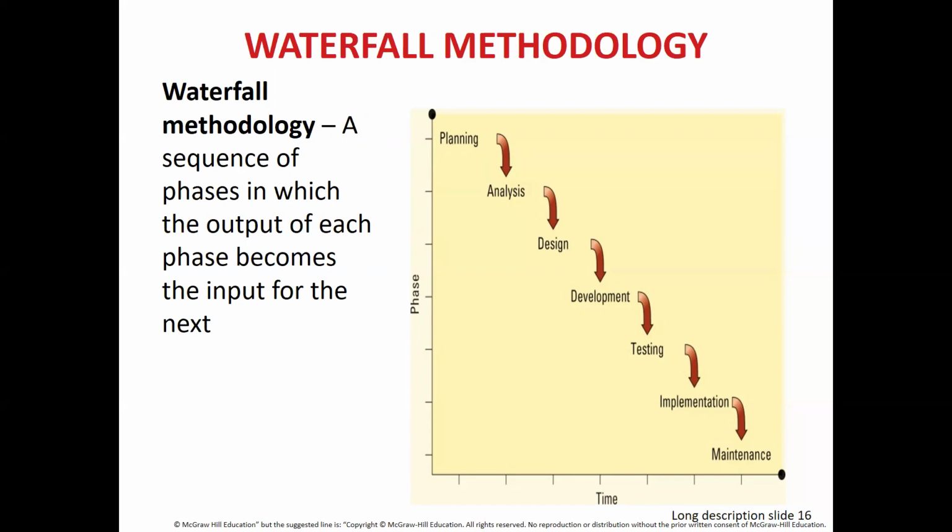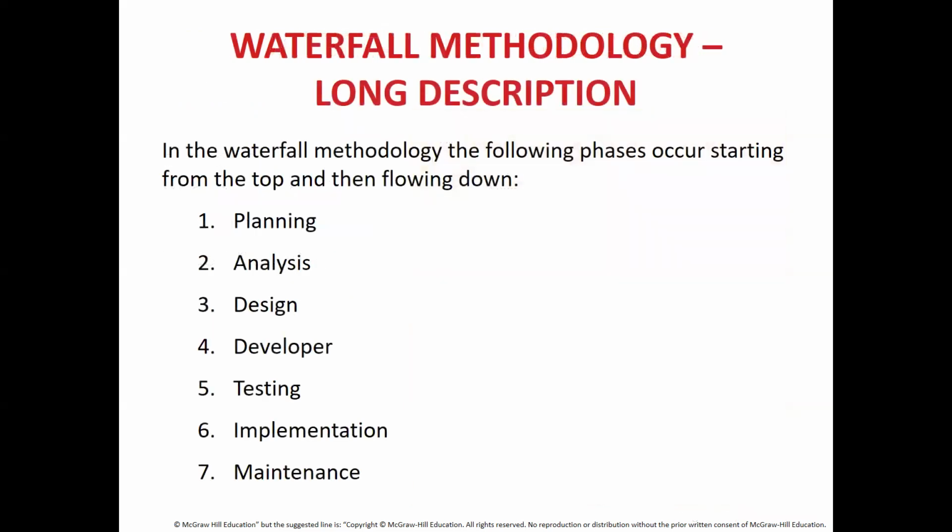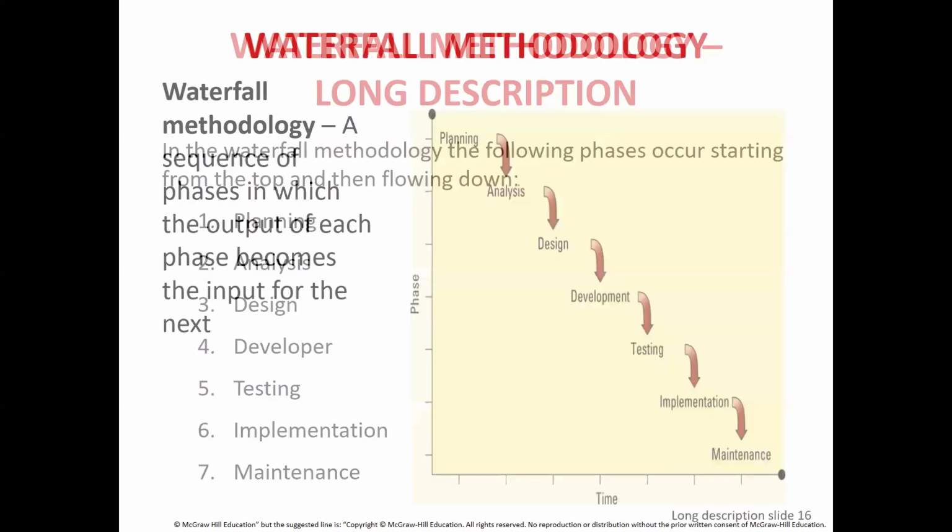Just like we have the 7 phases, you'll complete planning first, and whatever output you get in the planning phase, you will use as the input in the analysis phase. And then design phase, development, testing, implementation, maintenance, and so forth. So all the events occur one after the other in sequence. Now, the waterfall methodology's long description is very much the same as what we had over here.